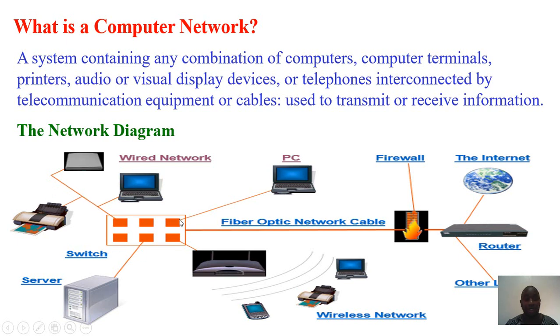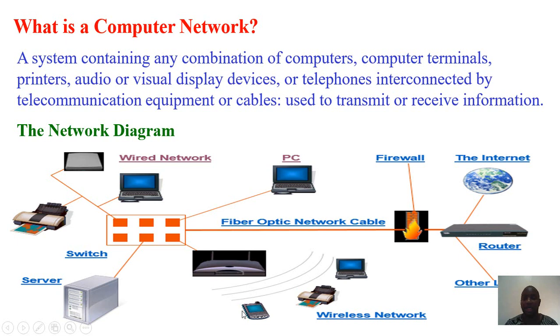We have a switch, and a server on this other side. On this network, we can see fiber optic cable, which is the medium of communication. A firewall is on the other side, preventing any unauthorized access to the network. And you can see we have the internet and other LANs.